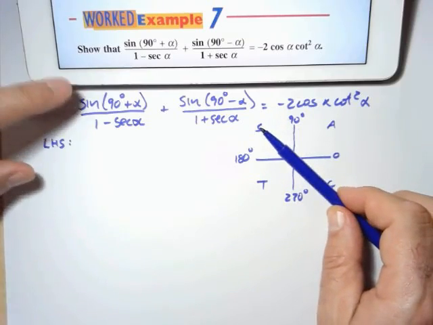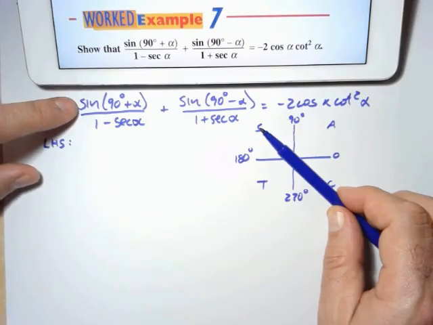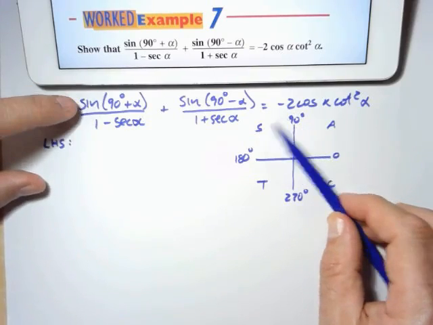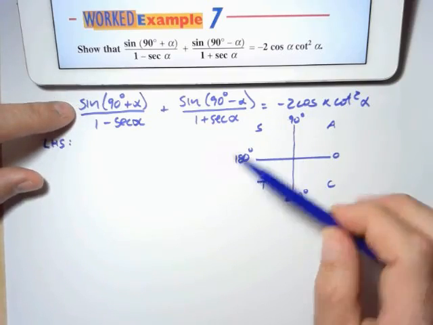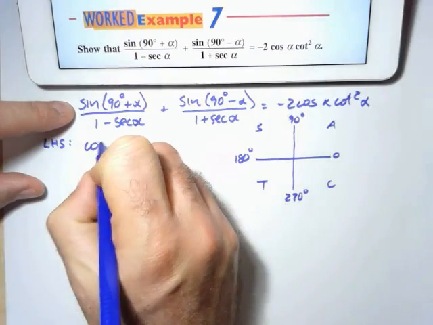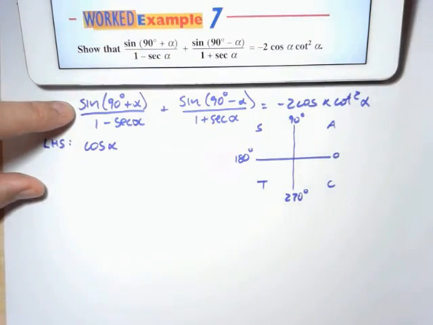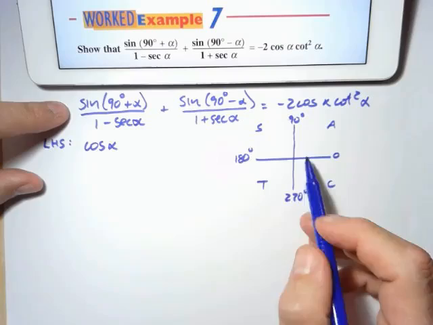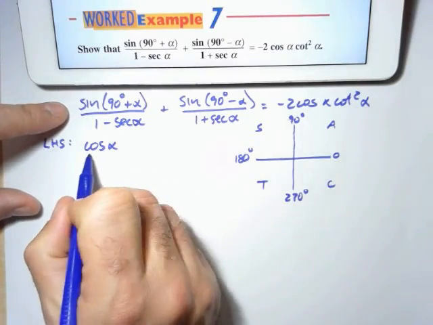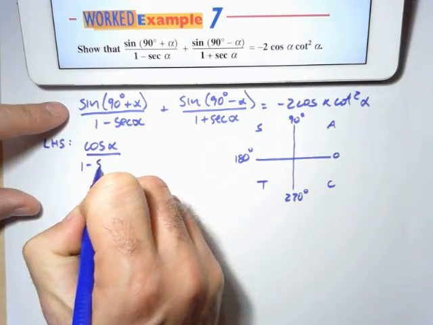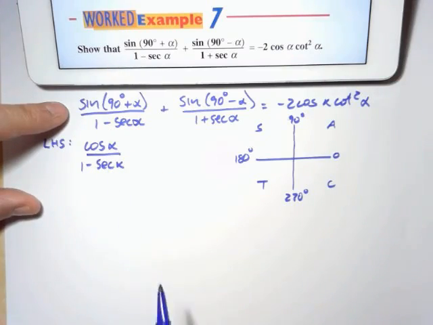In my third quadrant, sine is positive, but I'm working from my y-axis. And when I work from my y-axis, I work with my complementary function. So sine becomes the cos of alpha. And it is definitely positive because sine is in my second quadrant positive. That will be divided by 1 minus sec alpha.